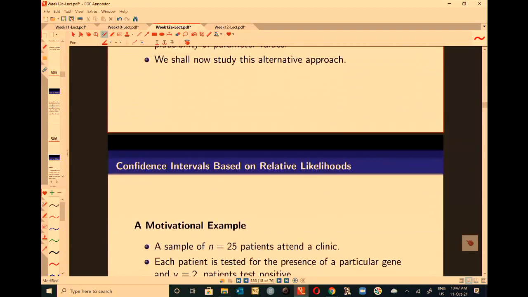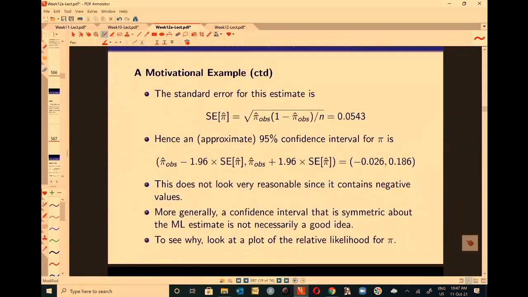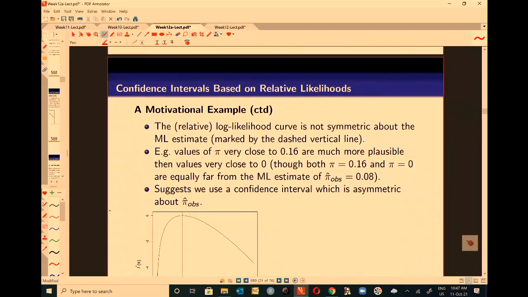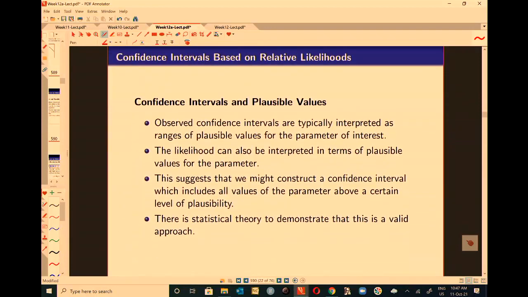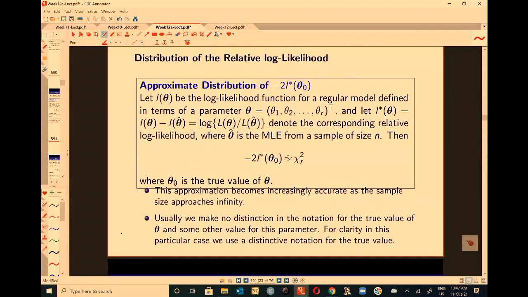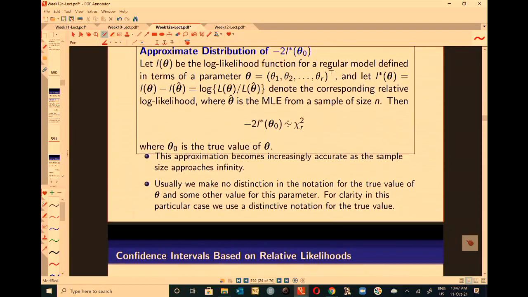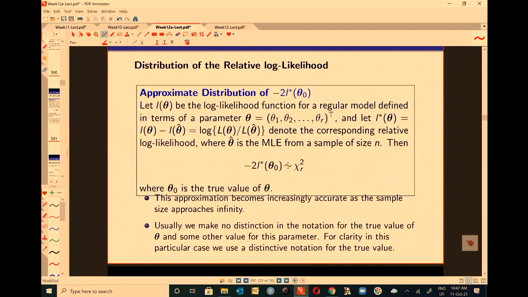What I want to get through to in the end is this idea of the approximate distribution of minus 2 log likelihood at the value of theta, note here, which is the true value of theta.